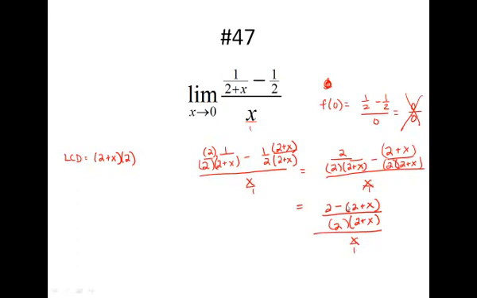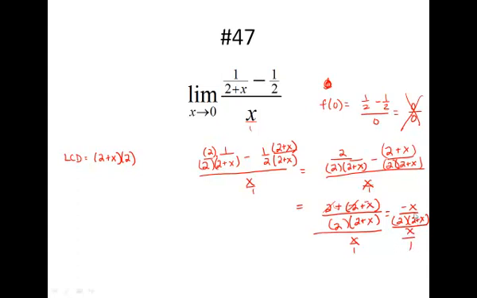So you can simplify this, just don't let algebra get you. Take that subtraction sign and distribute it. So we're going to get 2 minus 2, which is just going to be 0, and then minus x. So if you need to, go ahead and say this is plus, and then negate those two things. These are going to cancel each other out, but you're going to get negative x on top, all over 2 times 2 plus x, all over x over 1.